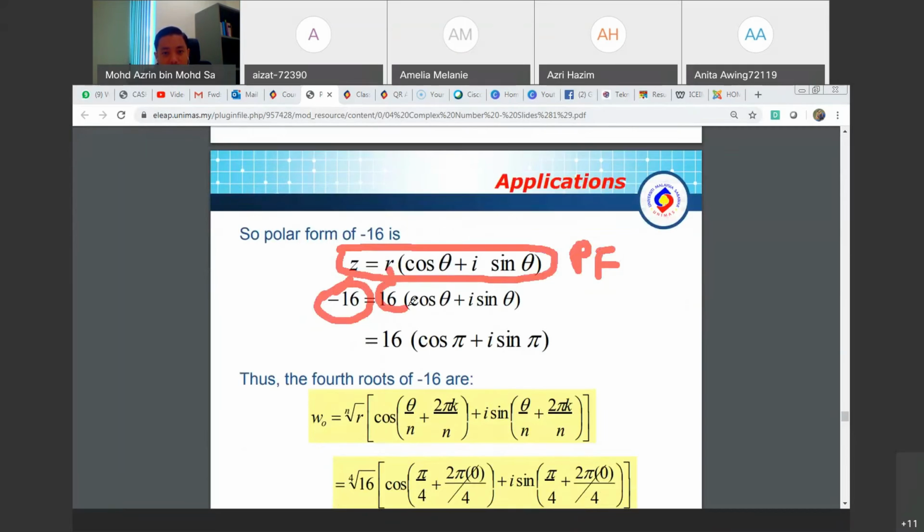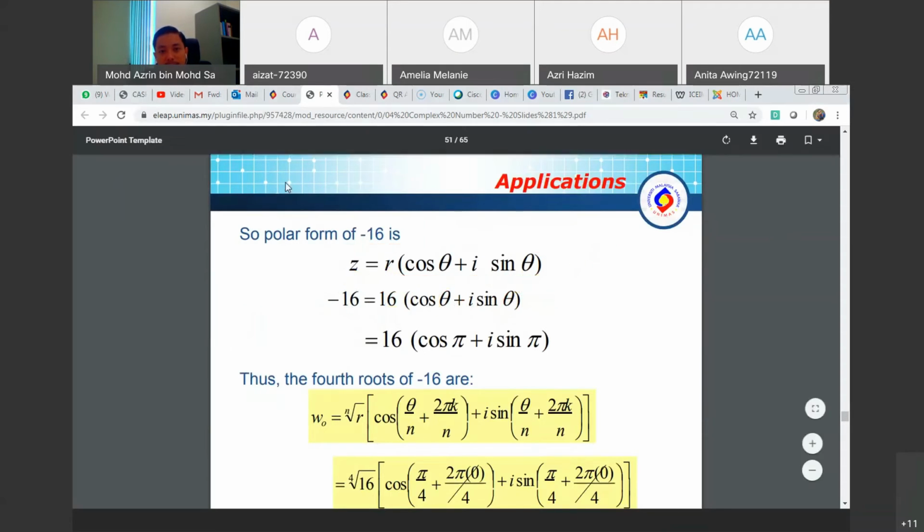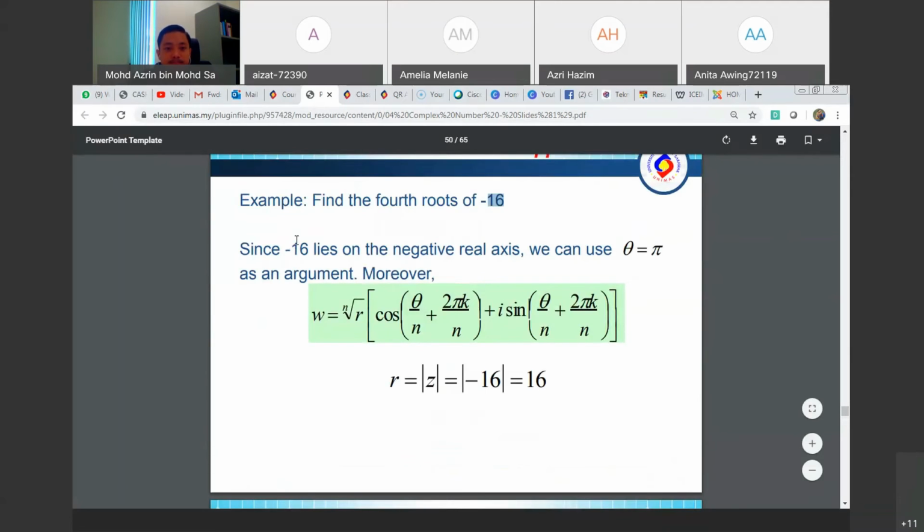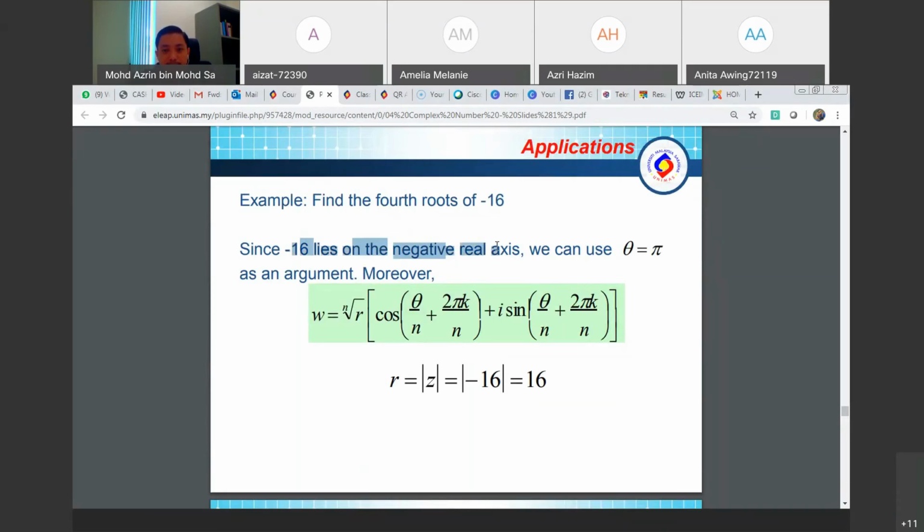R is 16, which comes from the modulus of Z. So you get negative 16 equal to 16 cos theta plus I sin theta. Where does theta come from? Because this negative 16 lies on the negative real axis.